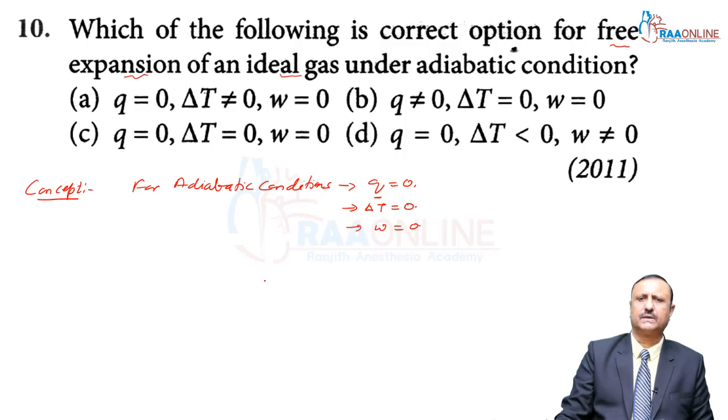So, my dear students, for question number 10, you can go to answer C, because here Q is equal to 0, delta T is equal to 0 and W is equal to 0. This question was also asked in 2011 NEET exams. You must learn these conditions for adiabatic: Q is equal to 0, delta T is equal to 0, W is equal to 0, no work is done in free expansion of an ideal gas.